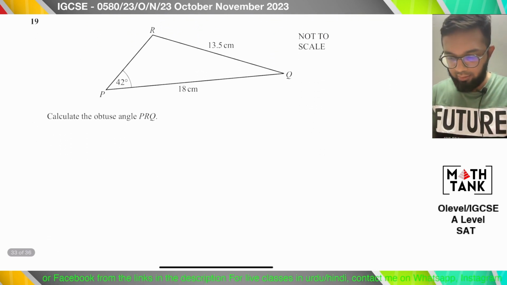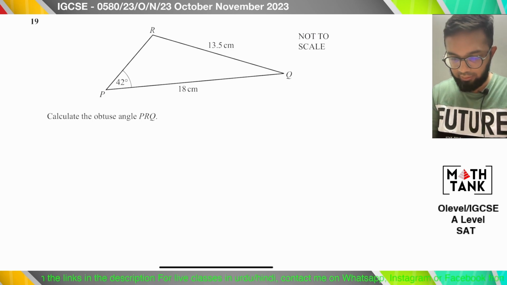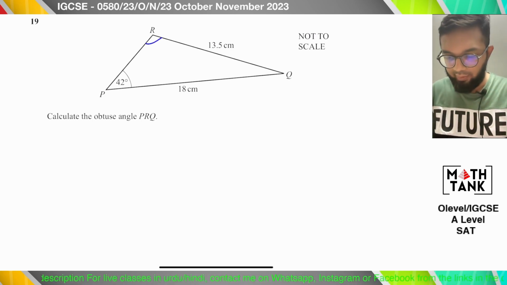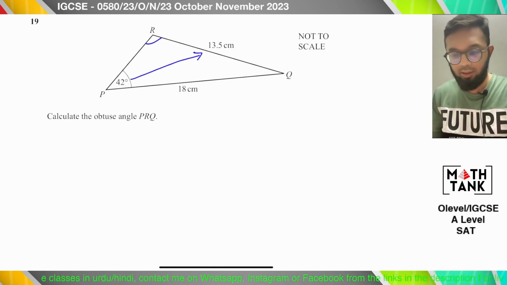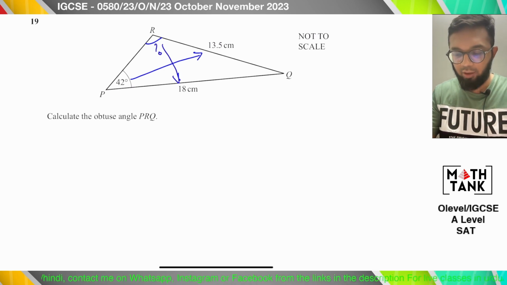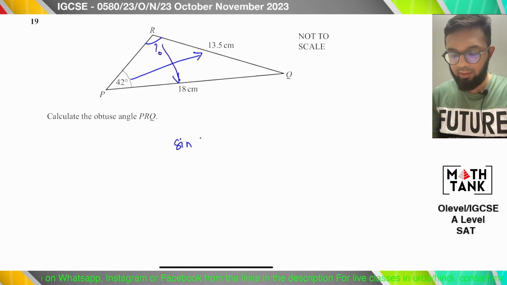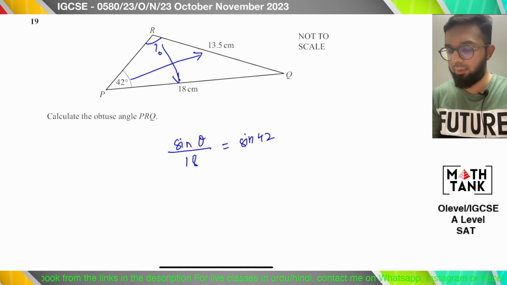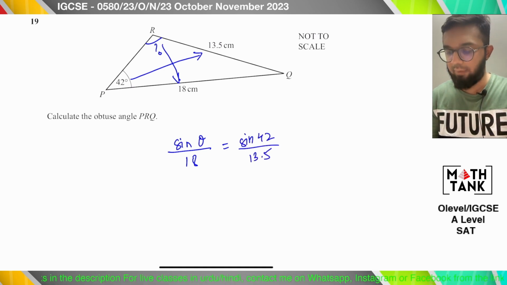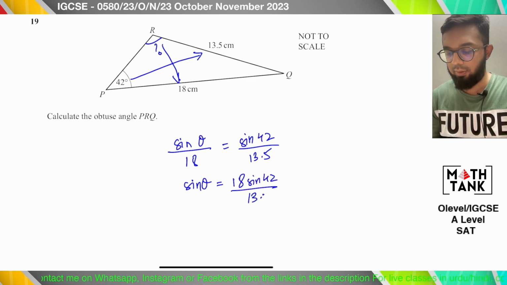Calculate the obtuse angle PRQ. So I have an angle, I want to find an angle, and I have the opposite side. So I'm going to use the sine rule and say sine theta over 18 equals sine 42 over 18.5. Sine theta equals 18 sine 42 over 18.5.